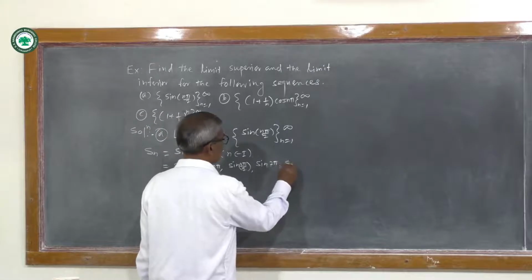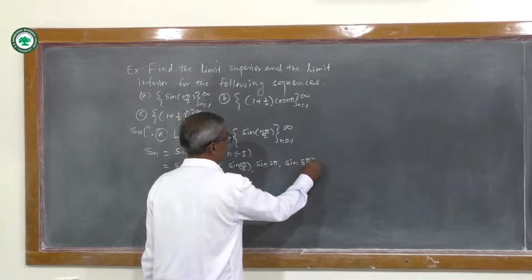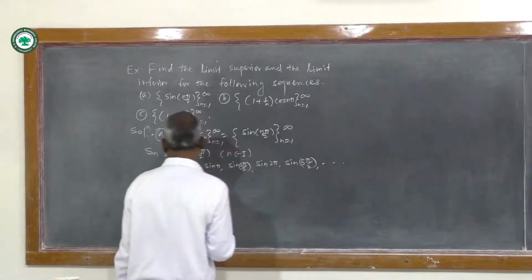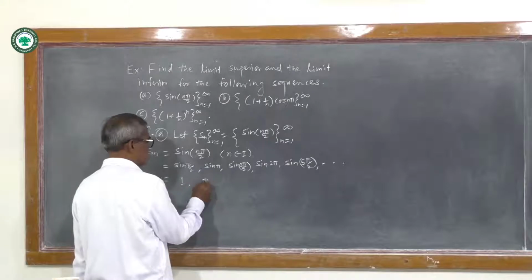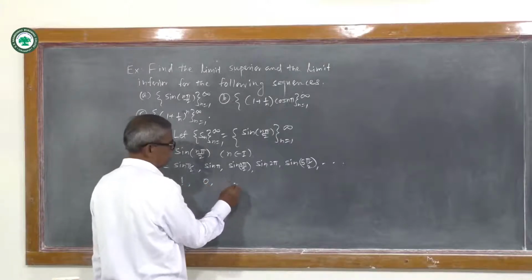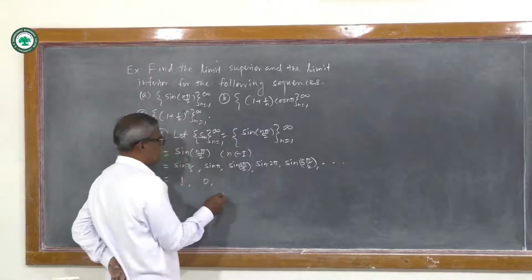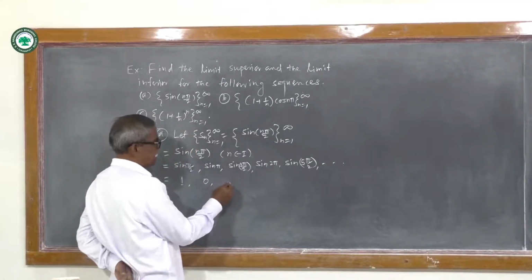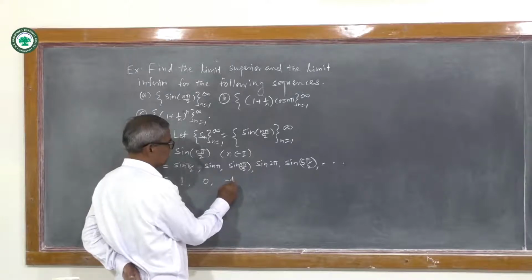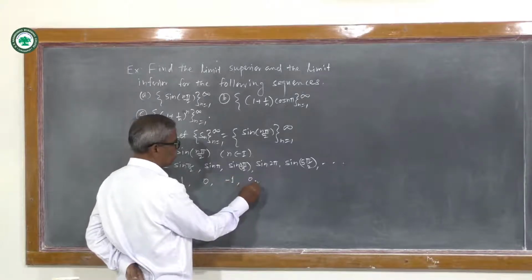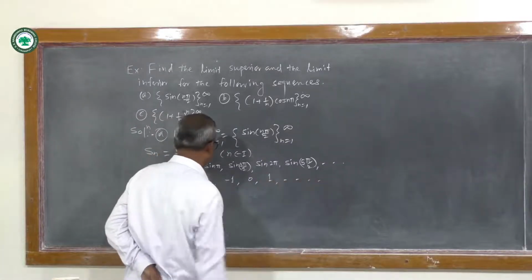S5 is sin 5 pi by 2, and so on. Sin pi by 2 is 1. Sin pi is 0. Sin 3 pi by 2 is equal to minus 1, again 0, again plus 1, and so on.